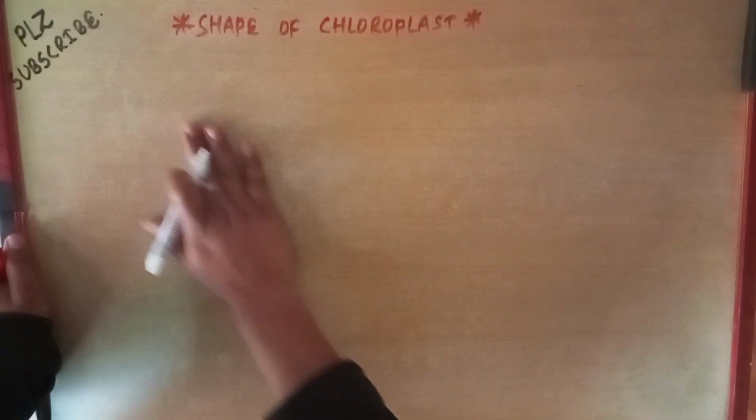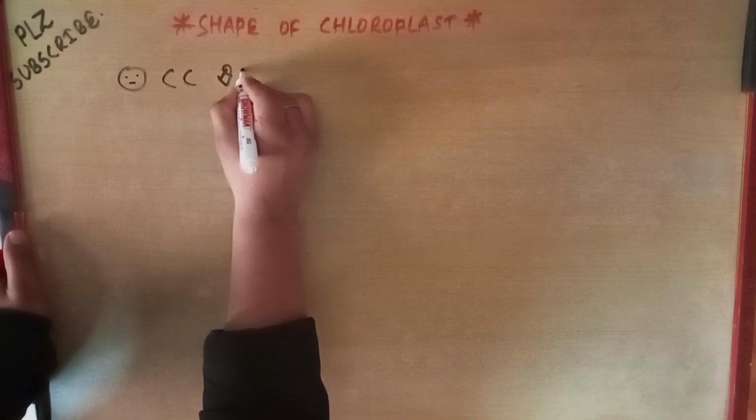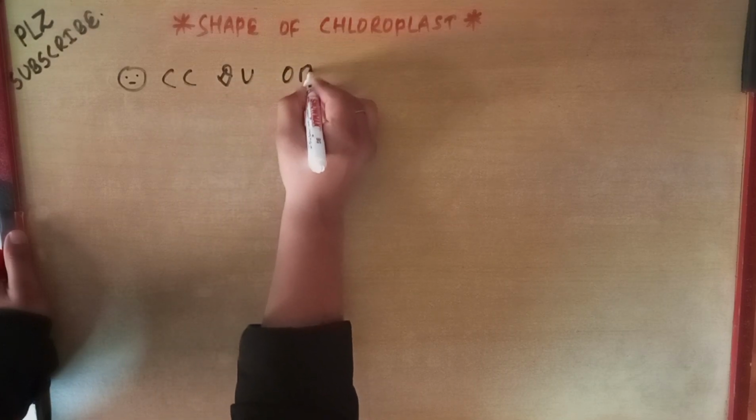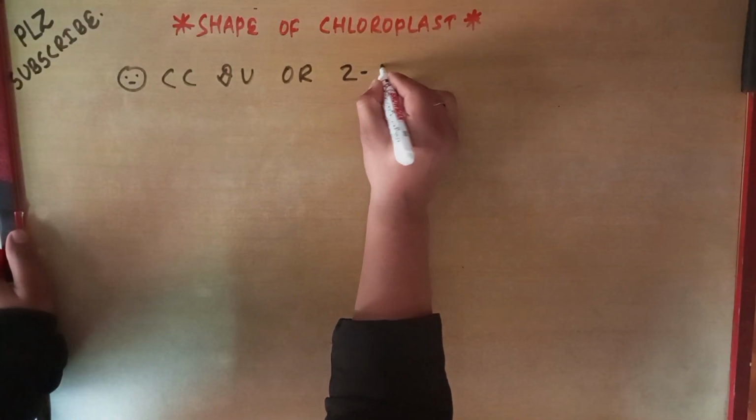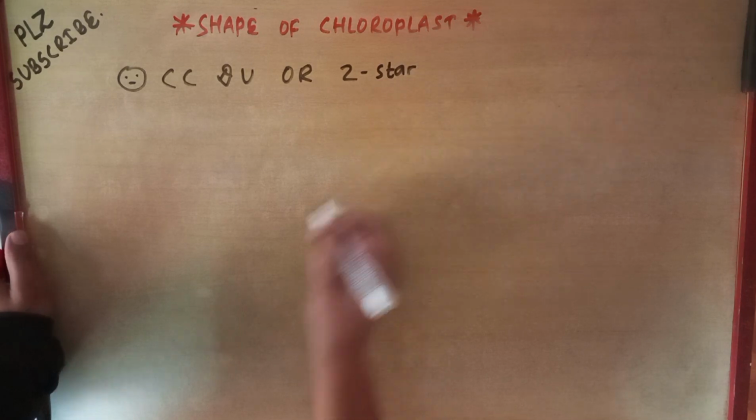Here, to remember the shape of chloroplast, the trick is CCDV और Z star.